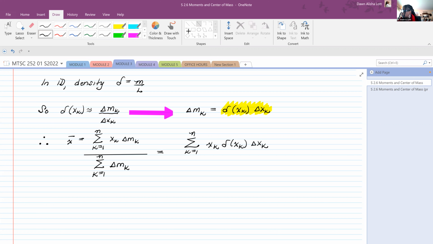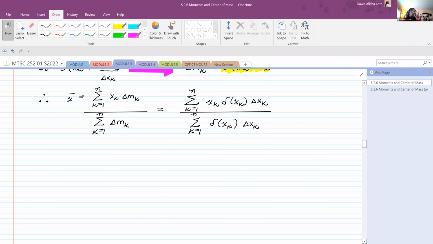That's what I want. Divided by the sum k equals 1 to n, in place of delta mk, we're going to have delta of xk times delta xk. Okay, one is delta for density, and the other one is delta for a change in x.